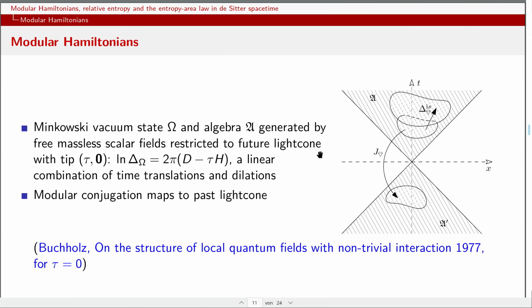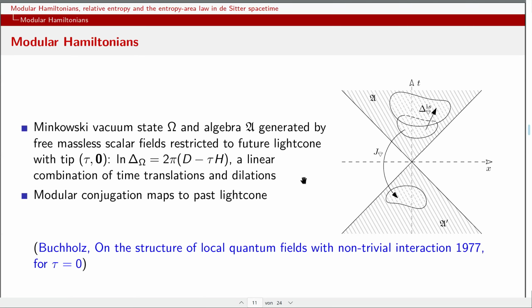In this case, the modular Hamiltonian is a linear combination of time translations, the Hamiltonian, and dilations, things that dilate you along the light cone. So if you take fields in a region like here and apply the modular flow, you get fields in a bigger region further up the light cone. And the modular conjugation maps you to the past light cone.